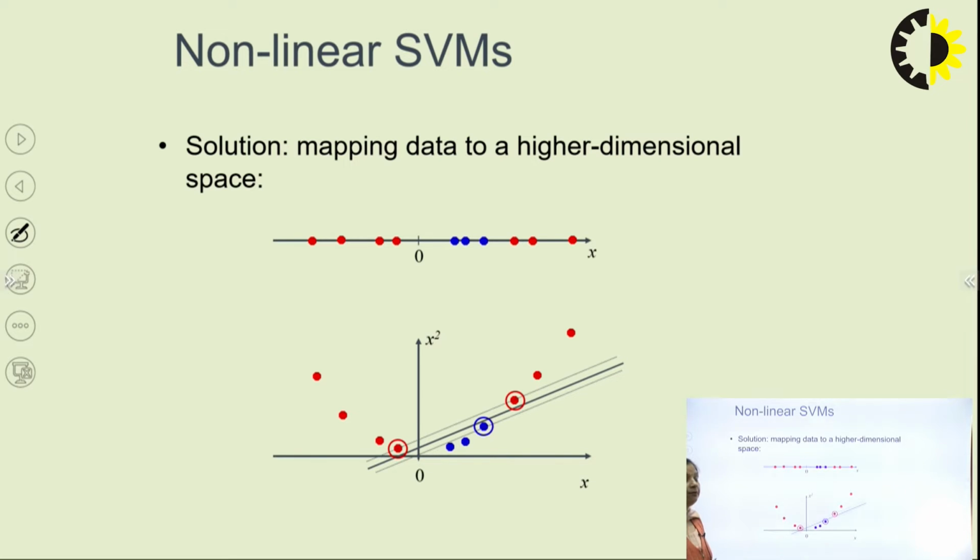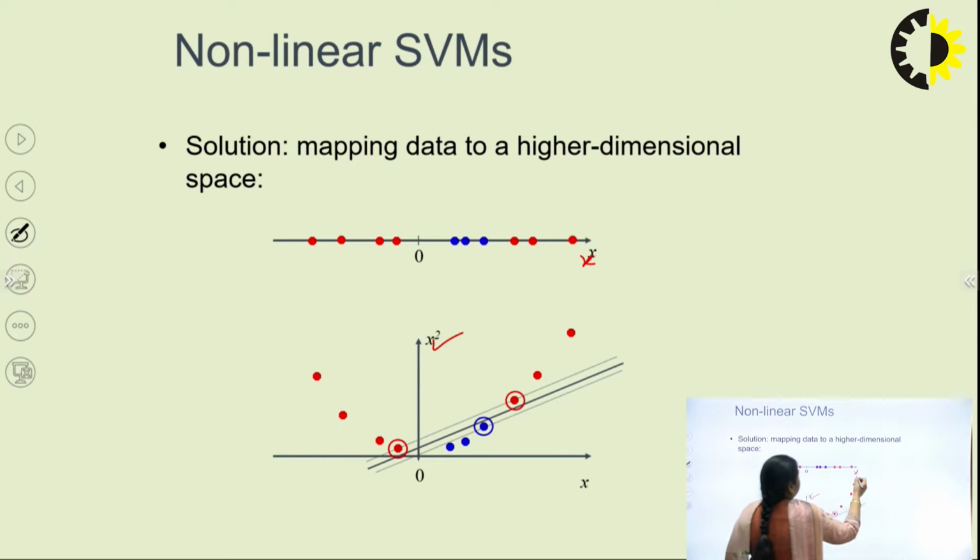For example, if I consider this as the X attribute and we map it to a higher dimension, that is X square. So when we are mapping it, we get this resultant. So what is done? Mapping data to a higher dimensional space. The dimensions have been increased with the help of some power of the existing data.